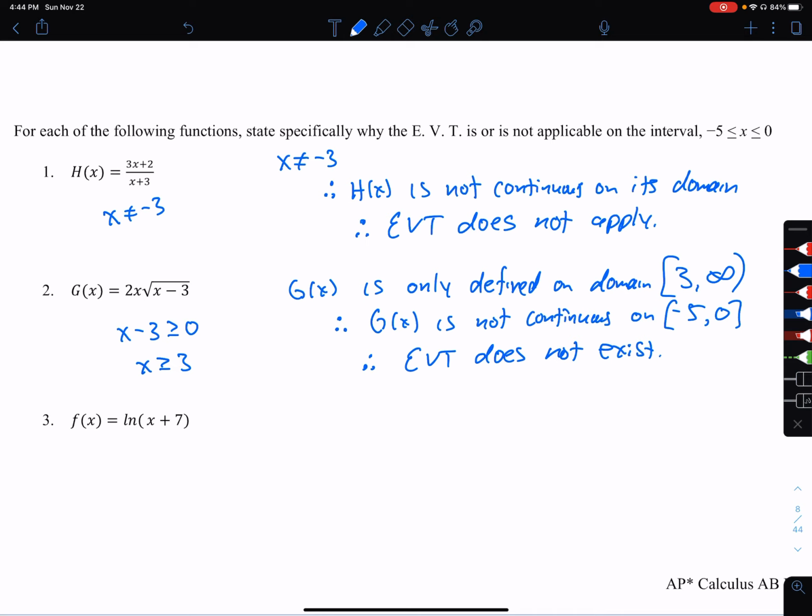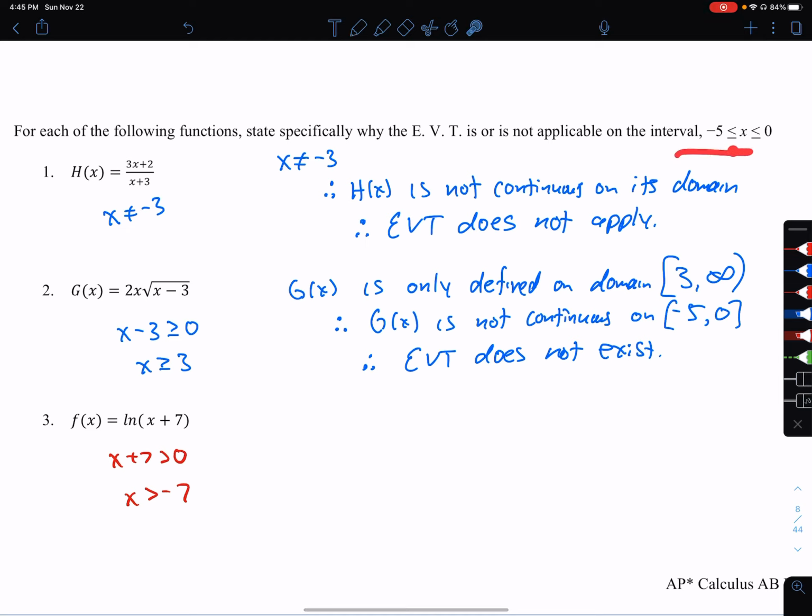Last one, number 3, natural log of x plus 7. Hopefully you remember also from pre-calculus that the argument is whatever is to the right of the logarithm. The argument has to be bigger than 0, which means x has to be bigger than -7.